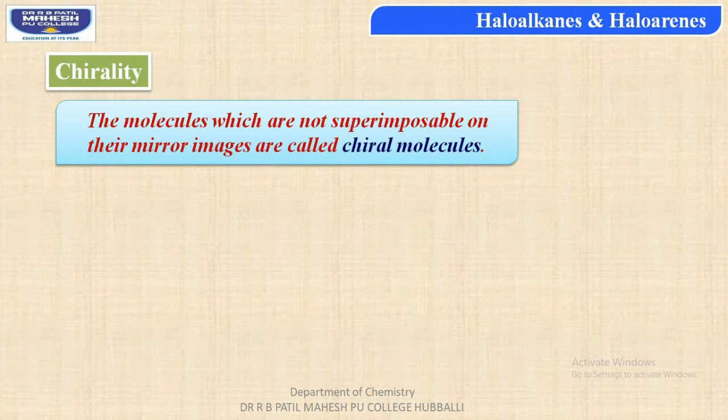Students, if the mirror image of one molecule is not superimposable on the same molecule, then such a molecule can be called a chiral molecule. If it is superimposable, then such a molecule can be called an achiral molecule. Let us understand this concept along with some examples.